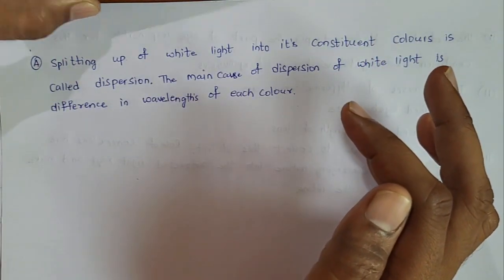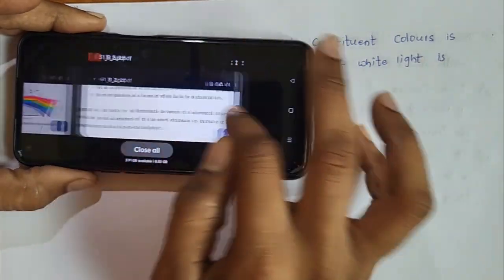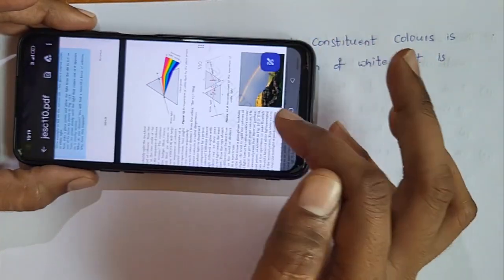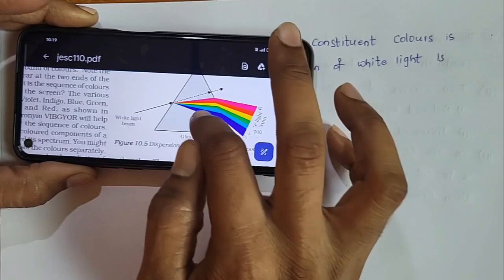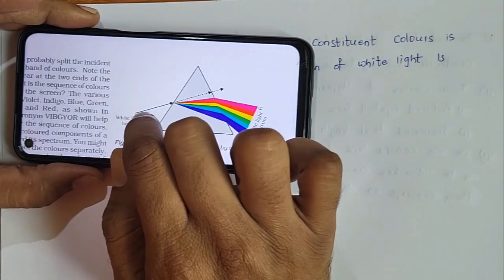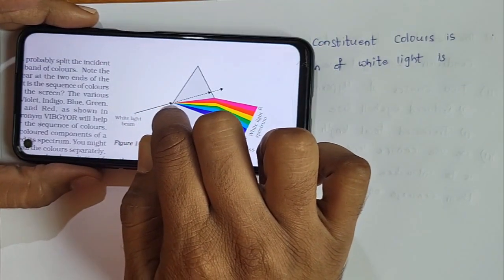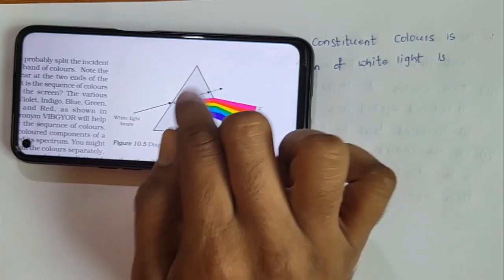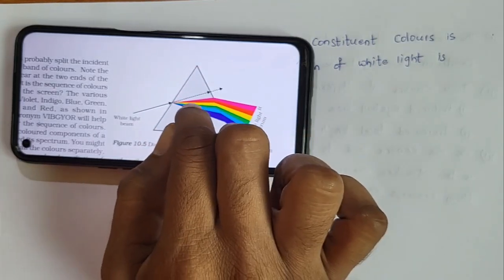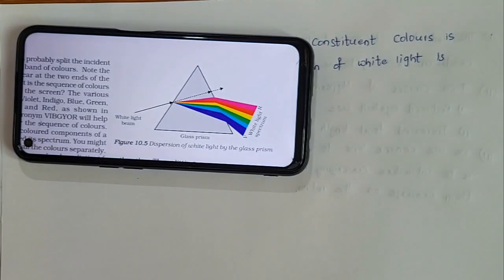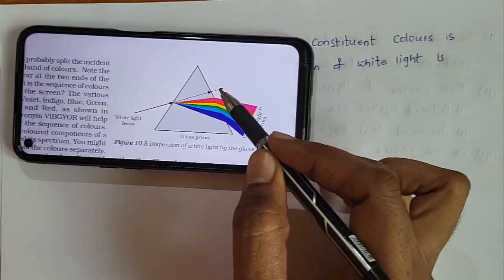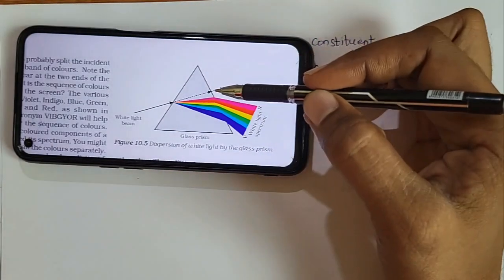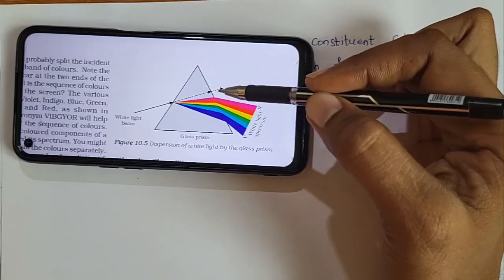See neatly, if you observe this diagram, first one white light beam came here, and exactly at the point the white light touches the glass prism, all the light rays got bent. See how much from the original light ray direction, and from here to here they all got bent.